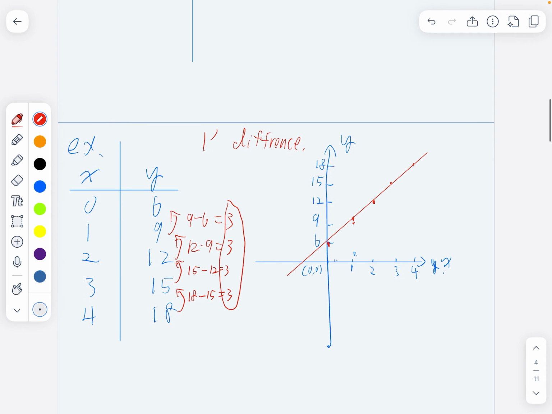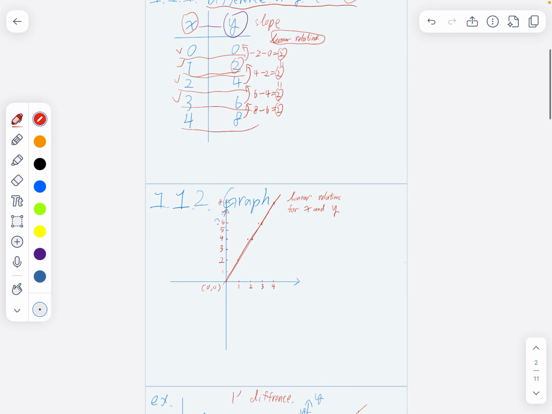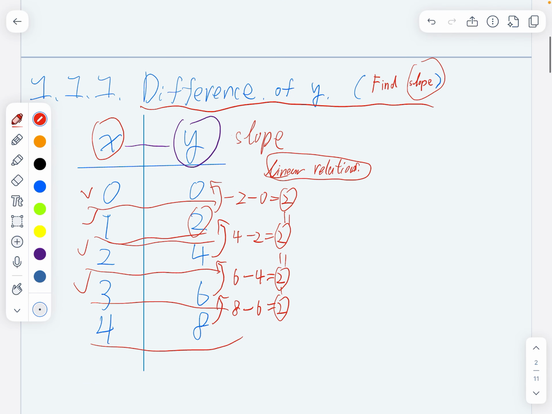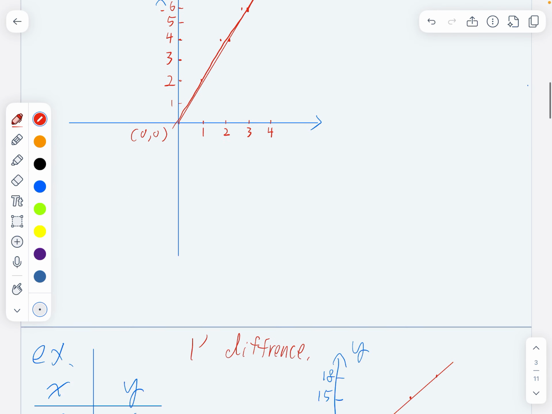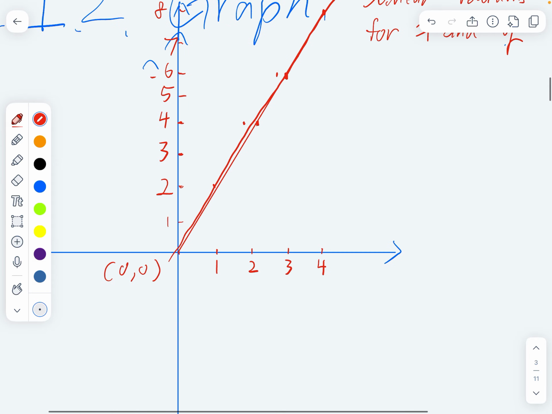We can find the difference between this example and the first example. According to this example, this line does not pass through zero. It passes through 0, 6, but the first graph passes through 0, 0.